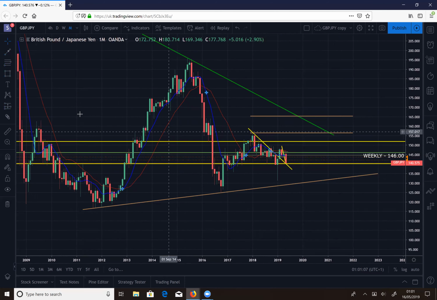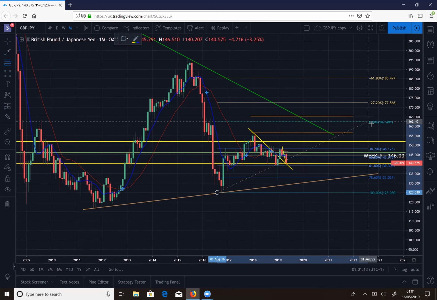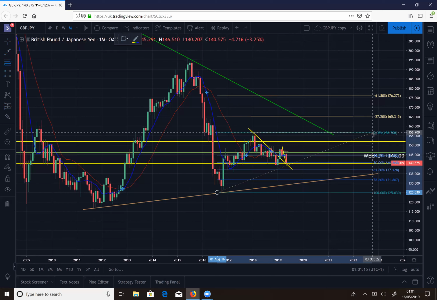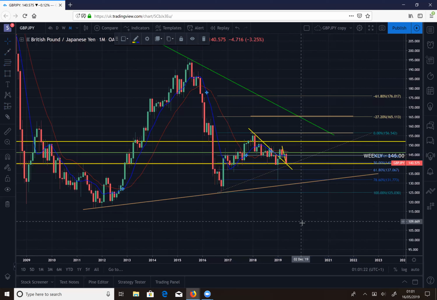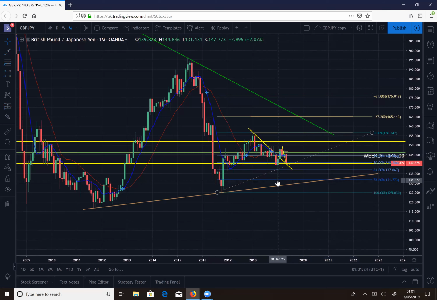lower highs. And what I have done, guys, is just draw the fib onto there. And you can see that when we did have the huge spike down on the 1st of January, some Apple news in China, we actually came down and tapped the 78.6 fib.